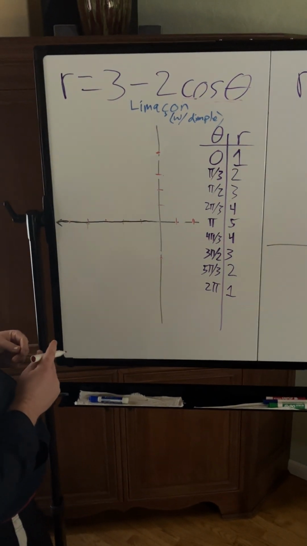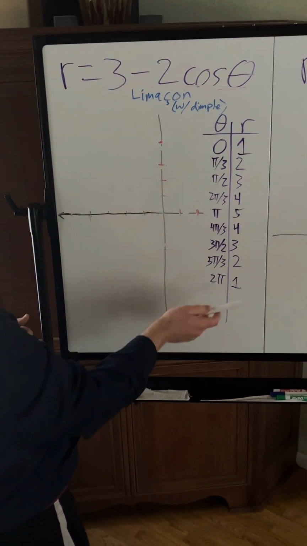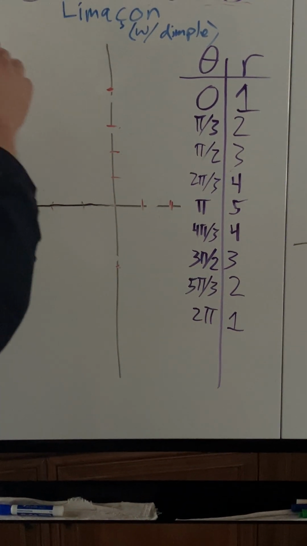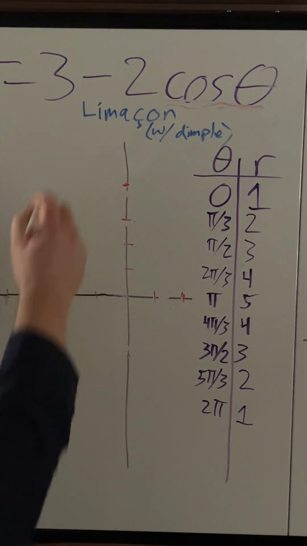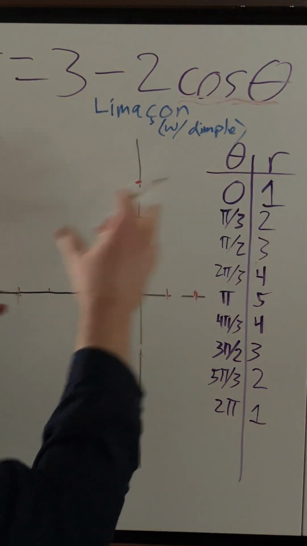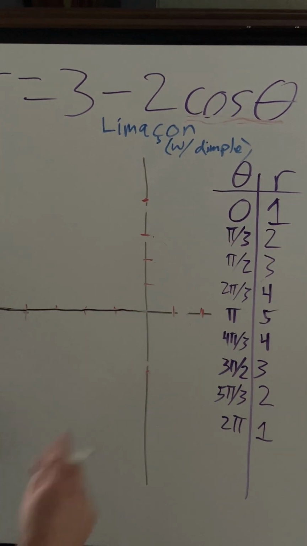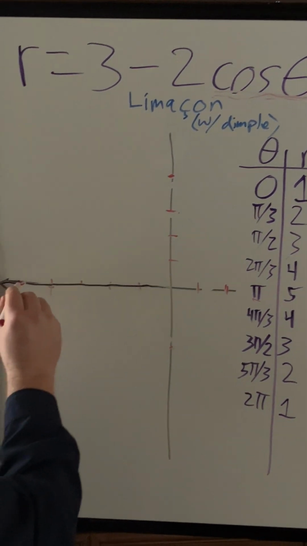That basically means when theta is 0 or 2 pi, so here. And when is r its largest? Well, it's when cosine theta is -1, because in that case, we'll be subtracting -2, or adding 2, to 3, and that's going to happen at pi, so over here.